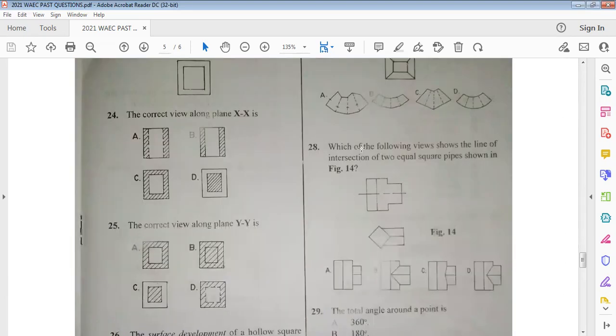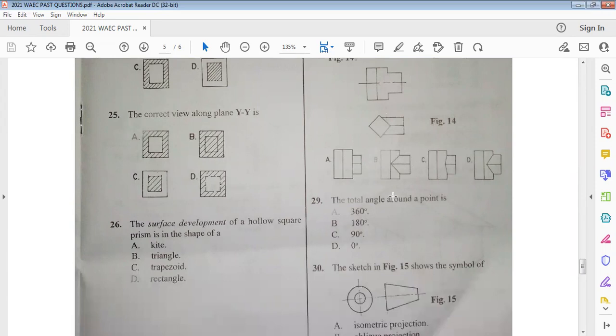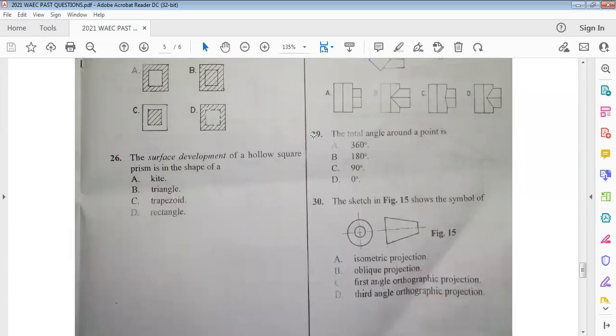Then question 28, which of the following views shows the line of intersection of two equal square pipes shown in figure 14? So the answer is option B. And question 29, the total angle around a point is 360.